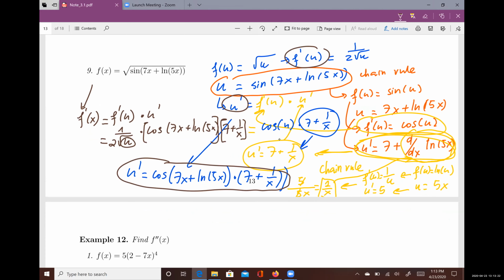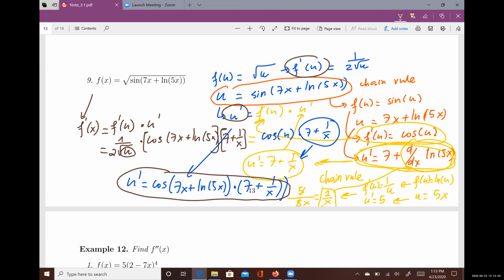Running out of space here. Well, let's use this. So let's go down here. Okay. You have f prime of x equals to 1 over 2 square root of sine 7x plus natural log of 5x.